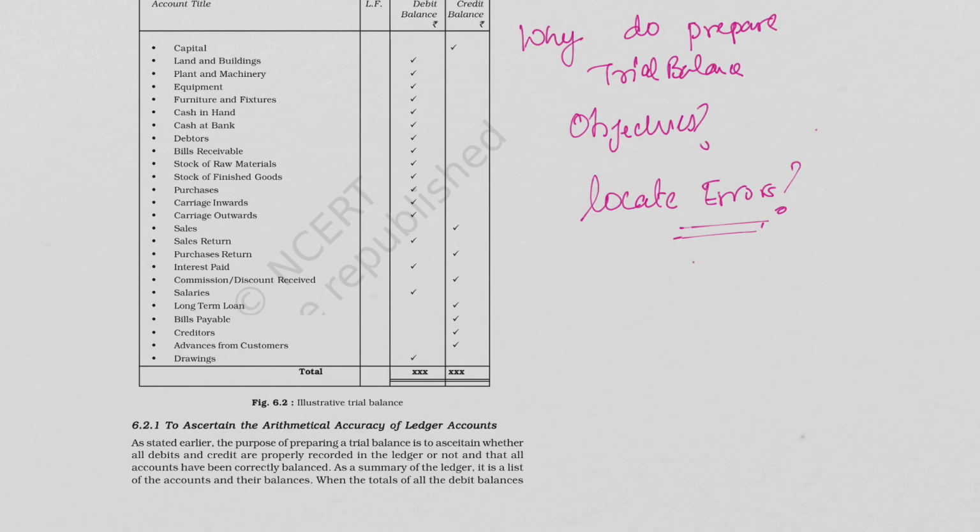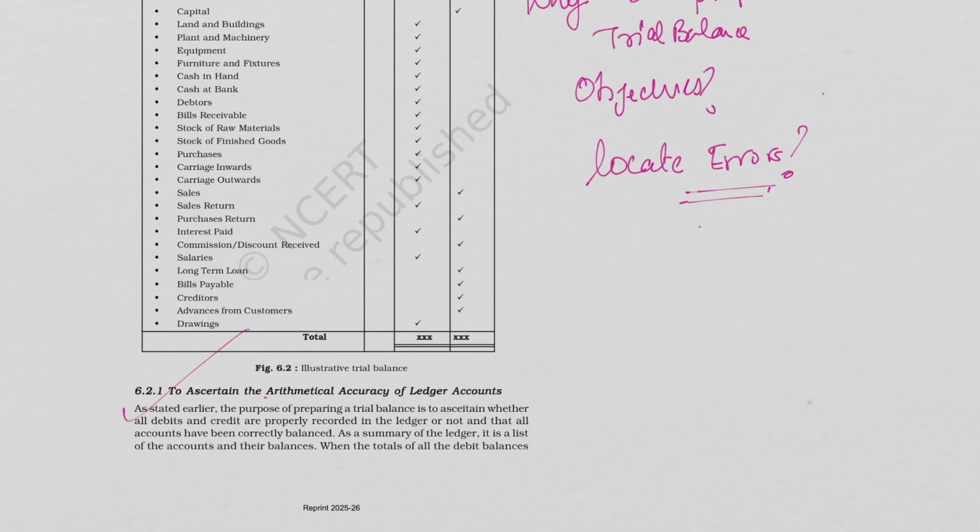Our textbook explains three main objectives of preparing a trial balance. First of all, we have to ascertain the arithmetical accuracy of ledger accounts. This is the first and foremost important objective of preparing a trial balance, to check the mathematical accuracy of ledger postings.